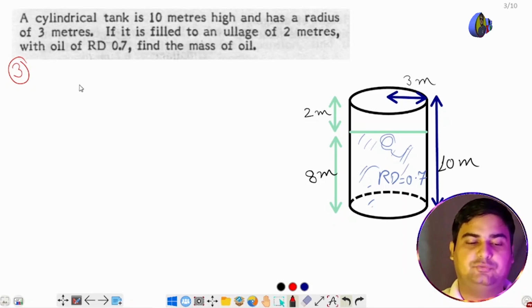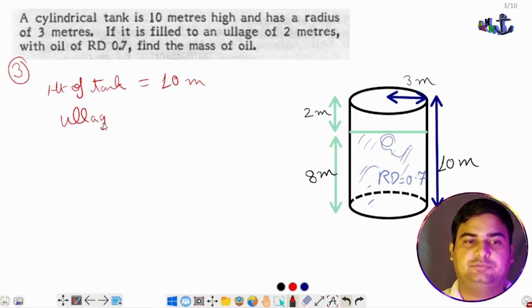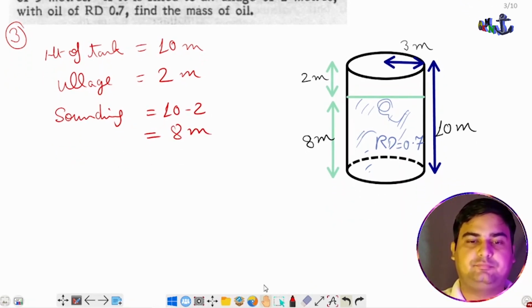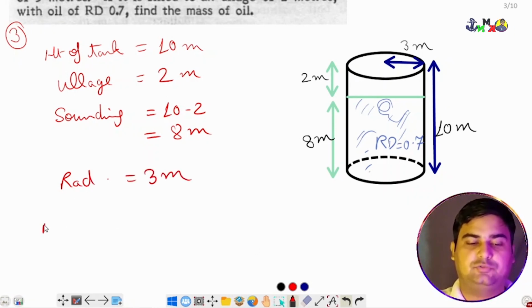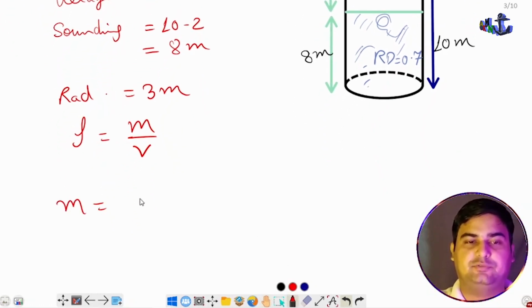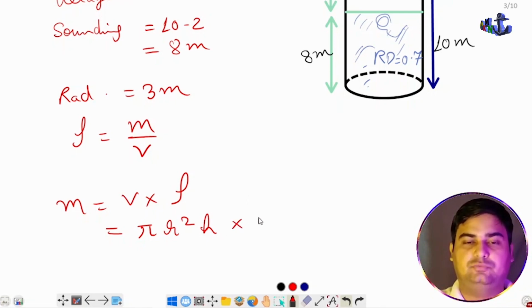Now, what all do we know? We know the height of the tank, that is 10 meters. We know the allowance, that is 2 meters. Then we know the sounding, that will be 10 minus 2, equal to 8 meters. And we know the radius, 3 meters. So we apply the formula. As we know, density is equal to mass upon volume, and we need to find out the mass. M is equal to V into rho. Volume of cylinder, as we know, is pi r square h, into the density.